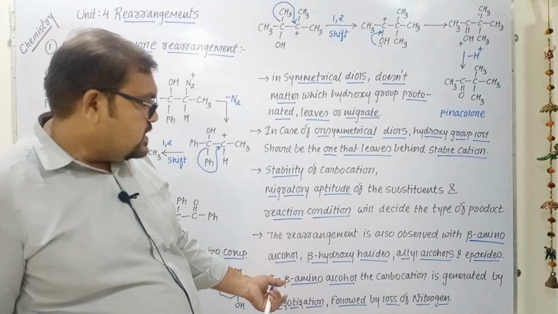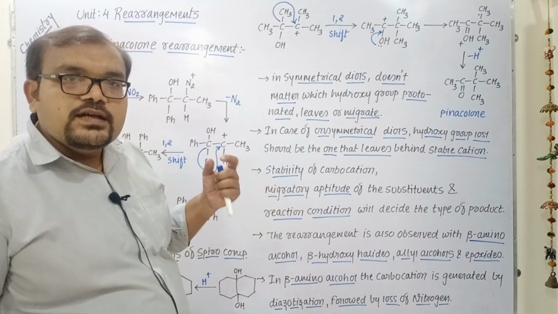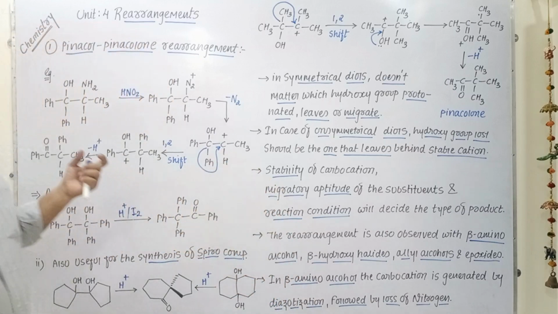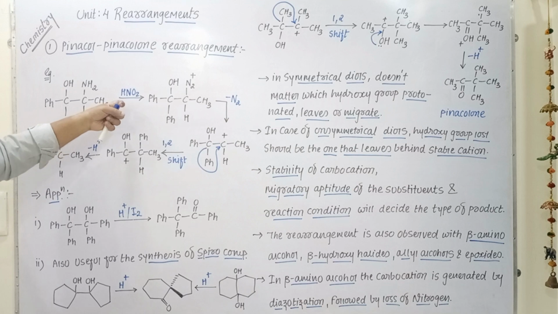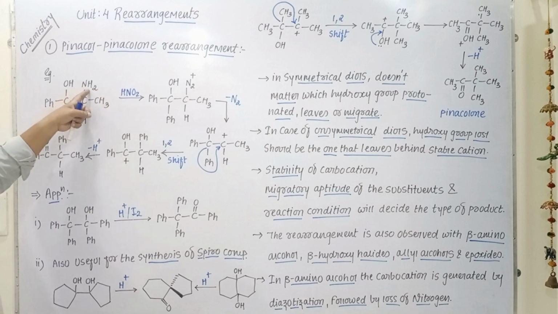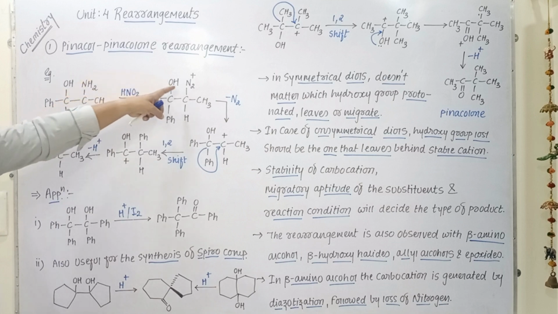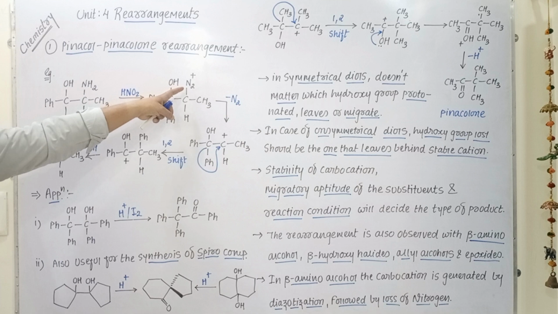This statement can be easily explained with the help of an example. Here we are taking the example of a beta amino alcohol which reacts with HNO2, nitrous acid, right? What will happen? The NH2 group will be converted into a diazonium group.